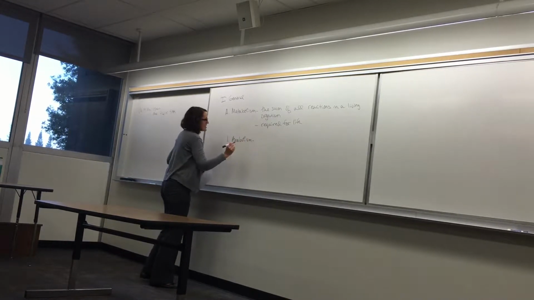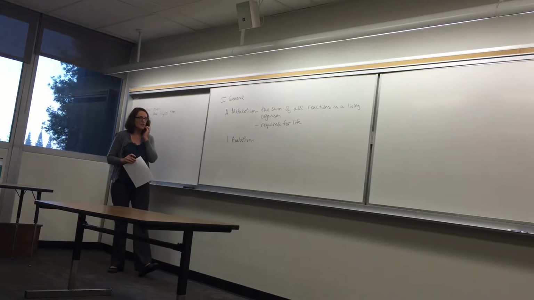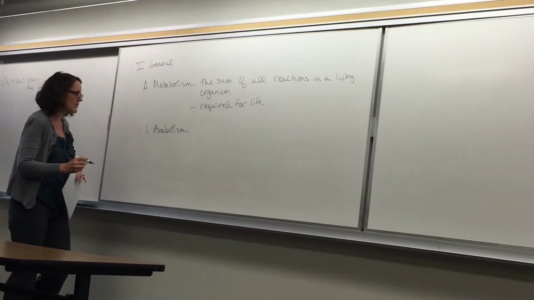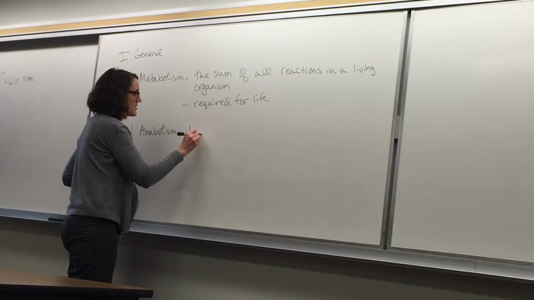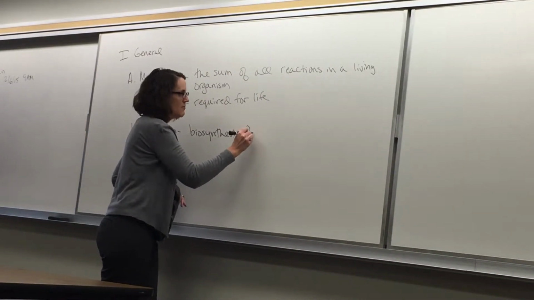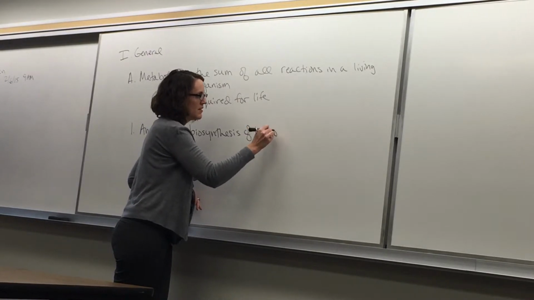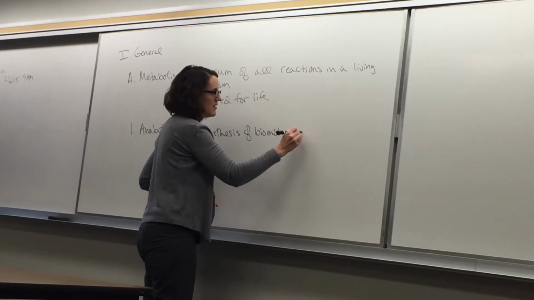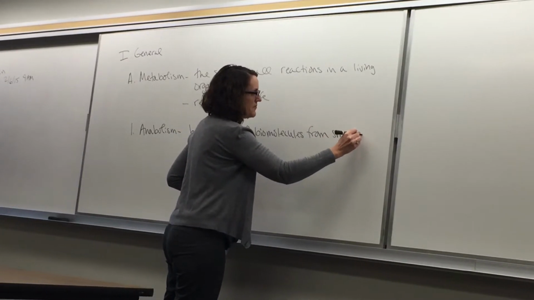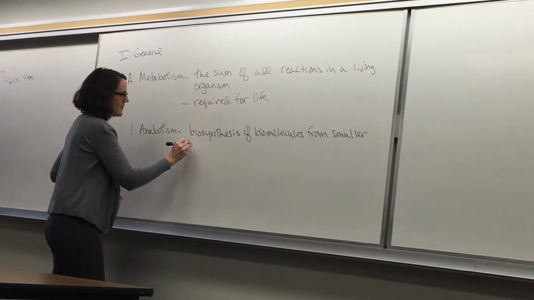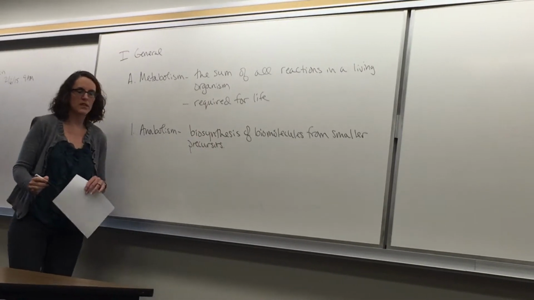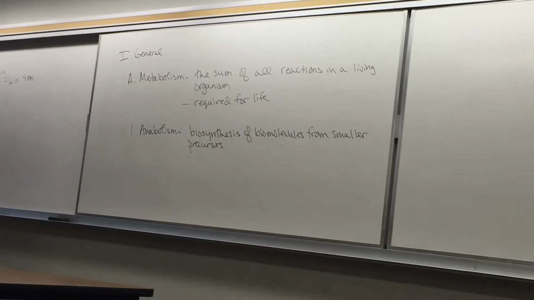We can break down the types of reactions into two main categories, anabolism and catabolism. Anabolism is the biosynthesis of biomolecules from smaller precursors. So we start with little things and we make big things out of them.